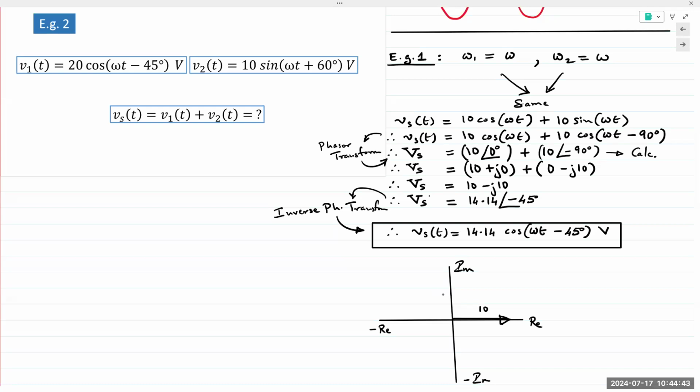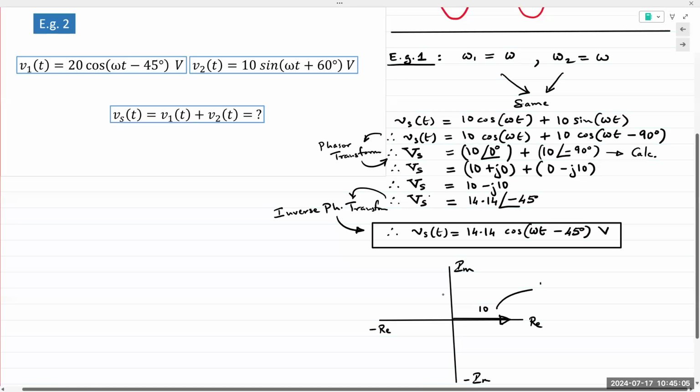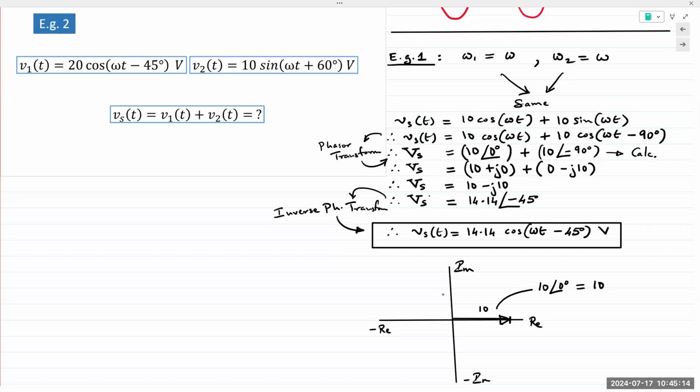Now, this is the polar coordinates. What are the rectangular coordinates? Rectangular coordinates is the projection of the vector on the real and imaginary axis. So what is the value of this vector on the real axis? 10. Make sense? Right, so this is 10 with an angle 0, and the length of the projection on the real axis is also 10.